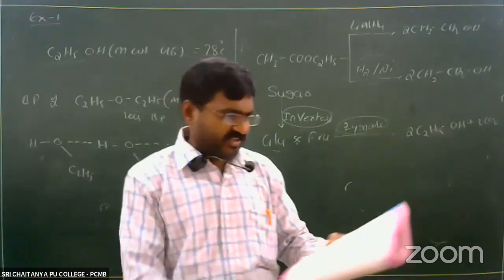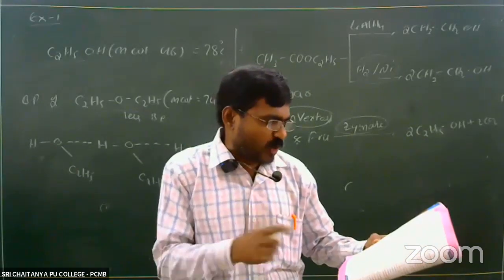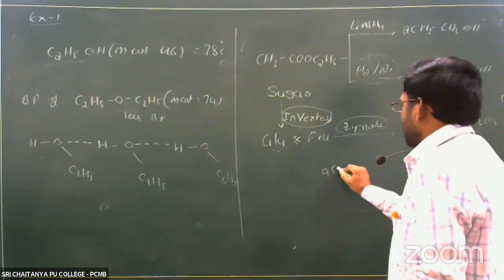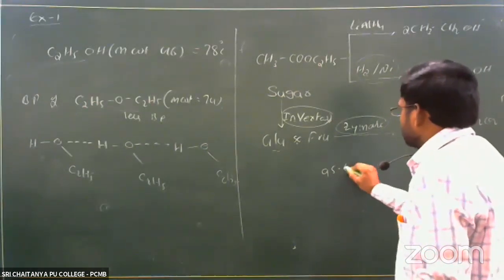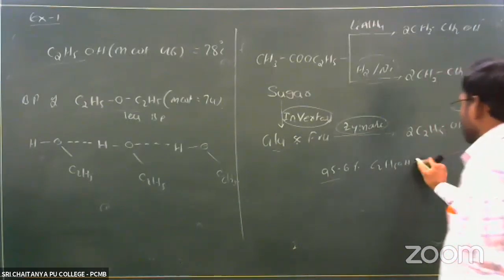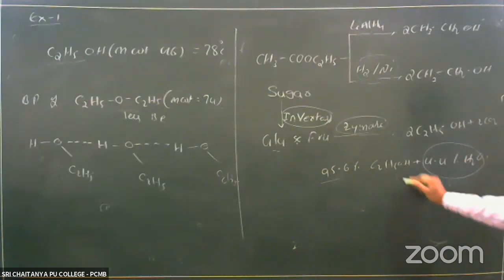The ninth one is actually out of syllabus. Rectified spirit can be converted into absolute alcohol. Rectified spirit contains nearly 95.6% ethyl alcohol and nearly 4.4% water. It is also an azeotropic mixture, meaning it has a stable boiling point, so removal of this 4.4% of water is very difficult.